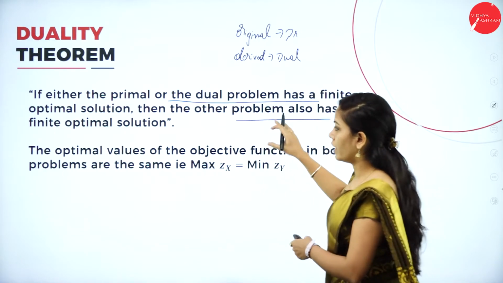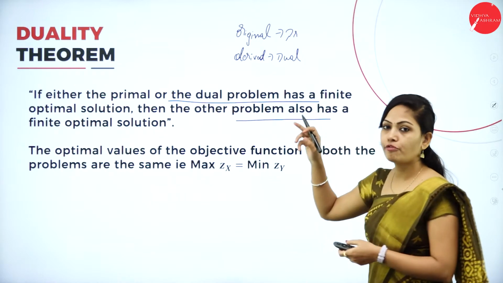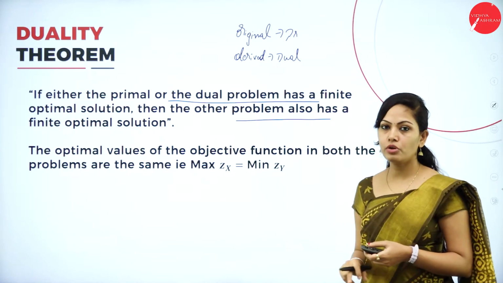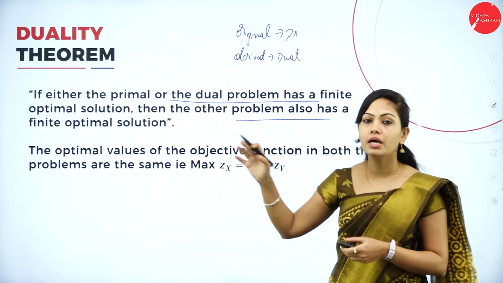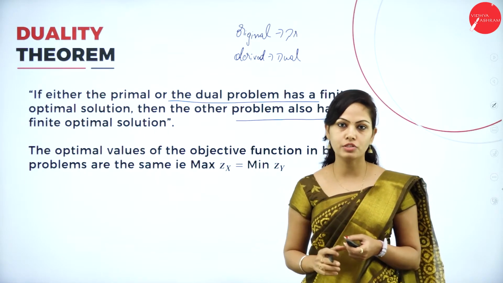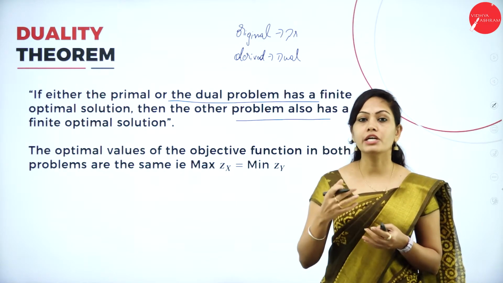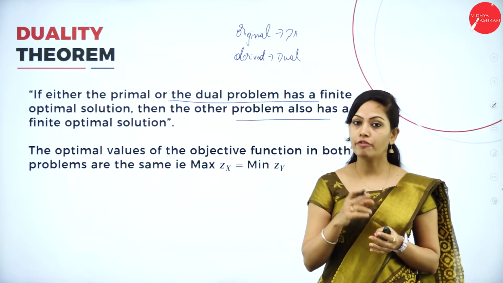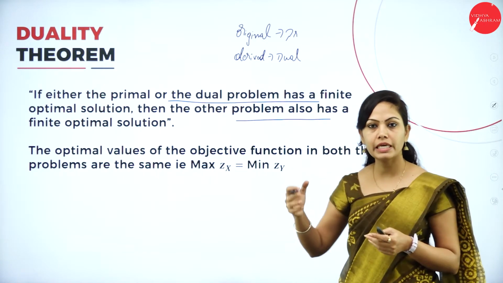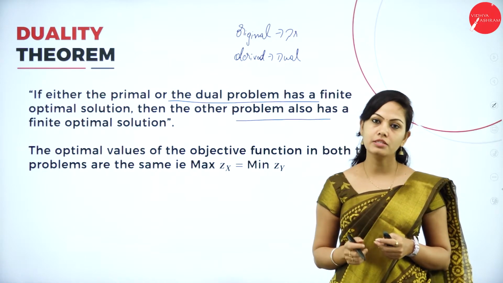I'll repeat, if either the primal or the dual problem has a finite optimal solution, obviously the other problem also has a finite optimal solution, because from the original only we are getting the dual problem. If the original has a finite optimal solution, obviously the derived one also will get the optimal solution.